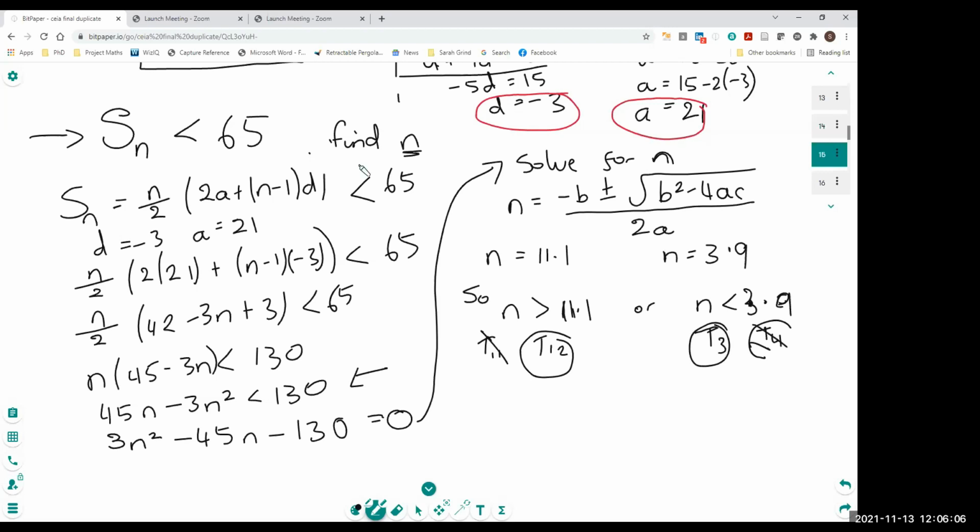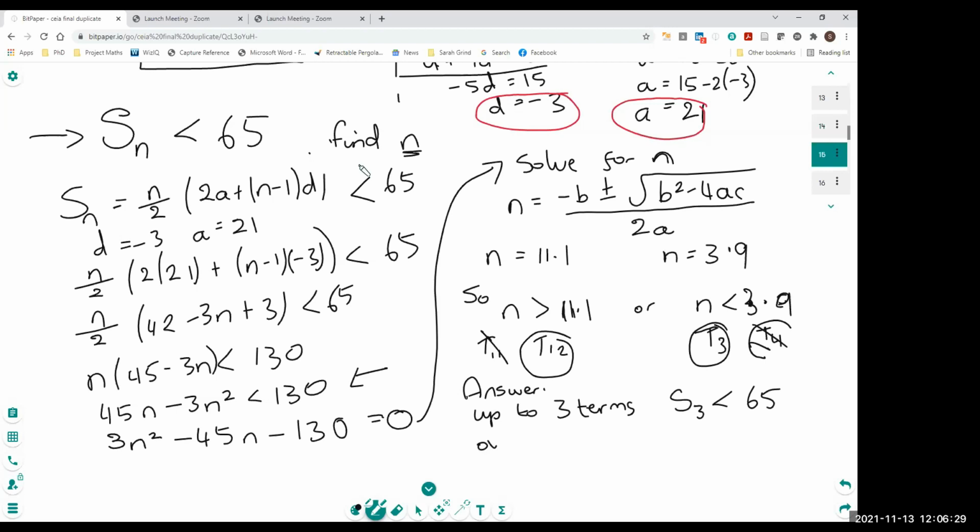Okay, so the solution to it is, you just probably need to sit and get your head around it. The solution is up to 3 terms. You add up the first 3 terms, the sum of 3 terms is less than 65.